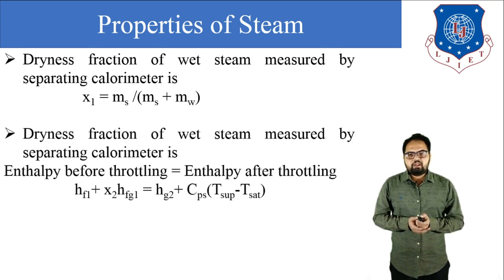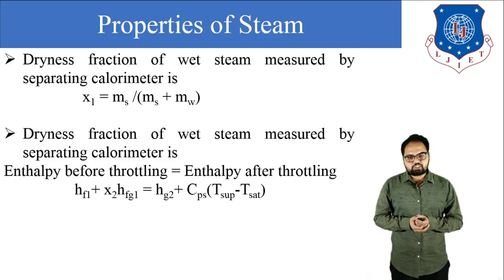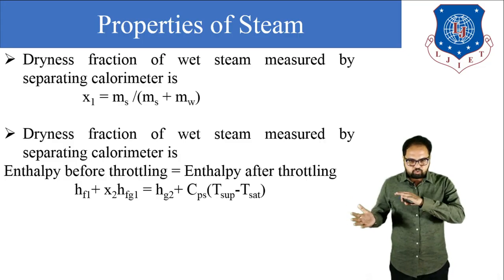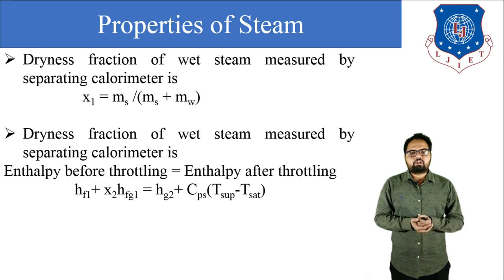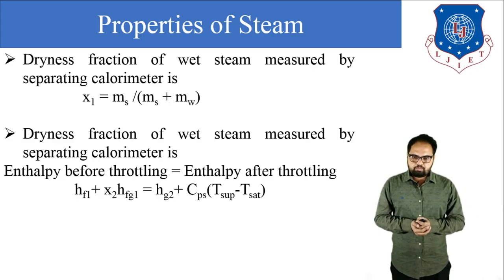Now let's assume the dryness fraction measured with the help of the throttling calorimeter is x2. We know that in the throttling calorimeter, enthalpy before throttling and enthalpy after throttling remains constant, and before throttling the steam will be wet steam and after throttling the steam will be superheated steam.